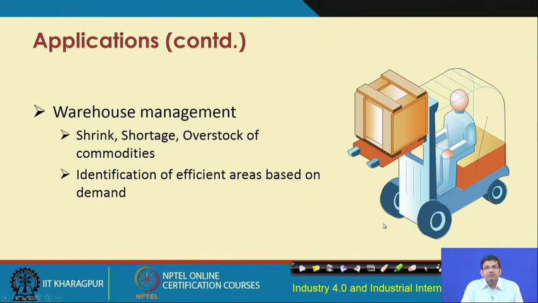Similarly, warehouse management, shrinking of the stocked items, shortage, overstock of commodities, identification of efficient areas based on demand. These are also other applications of the use of RFIDs for IIoT implementation in an inventory management application in a smart factory.